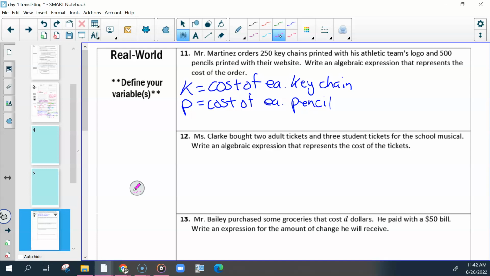Once we have those variables, then we can start to piece together, okay, what operation words are there, or what are we doing to start making an expression.